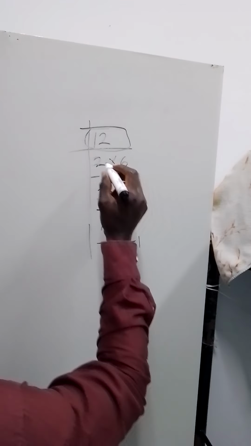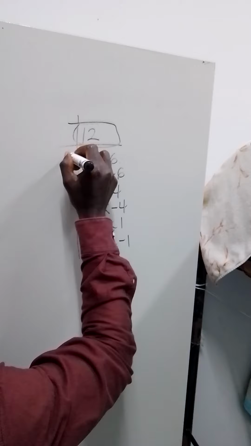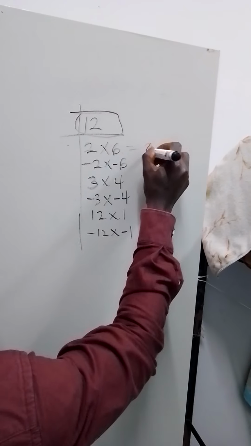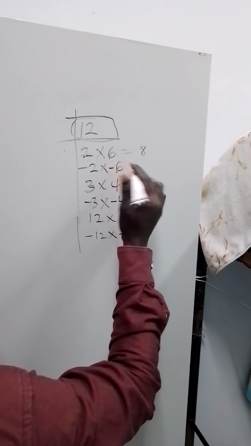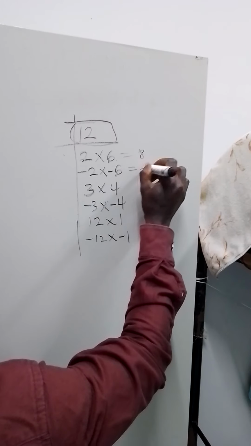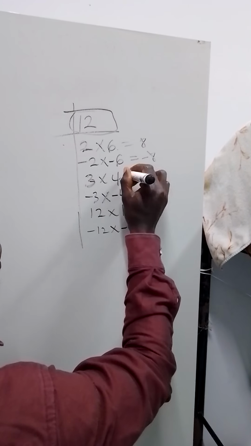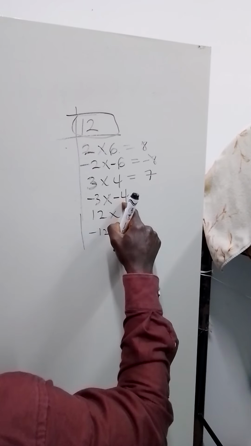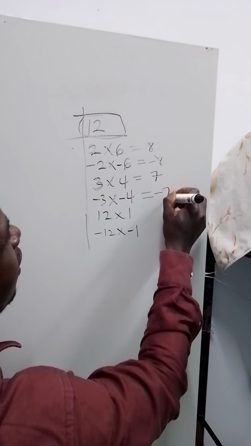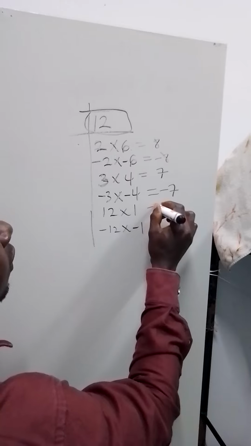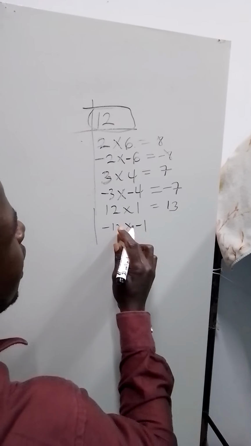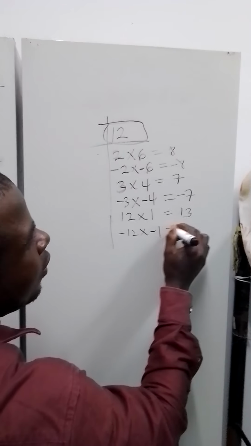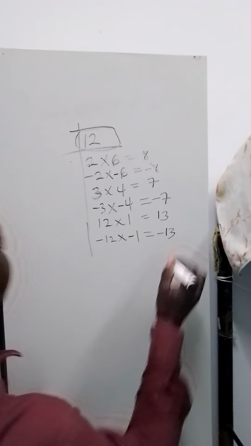Now let us start. 2 plus 6, 8. Minus 2 plus minus 6, minus 8. 3 plus 4, 7. Minus 3 plus minus 4, minus 7. 12 plus 1, 13. Minus 12 plus minus 1, minus 13.